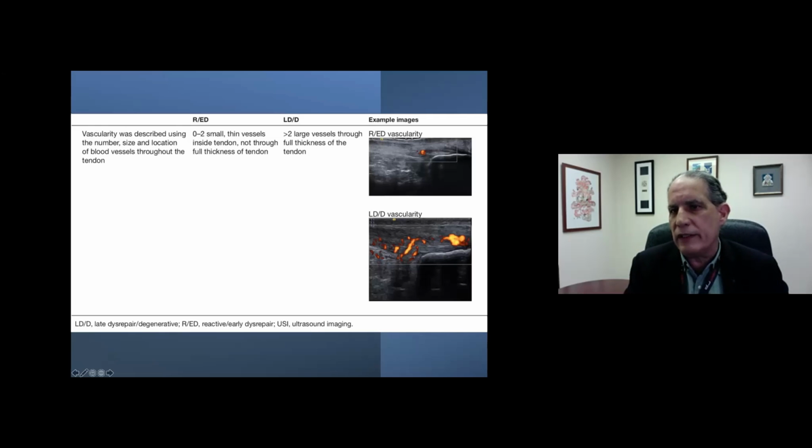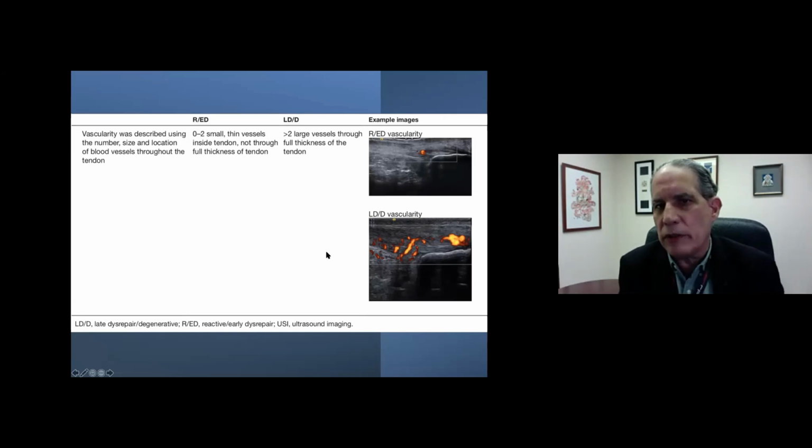This is early tendinopathy, a few new blood vessels here. But this is late tendinopathy with a lot of new blood vessels, the angiogenesis that is part of this process. This one has very small new blood vessels. Here there are large and many, and in the full thickness.